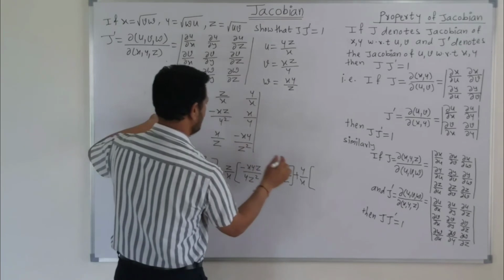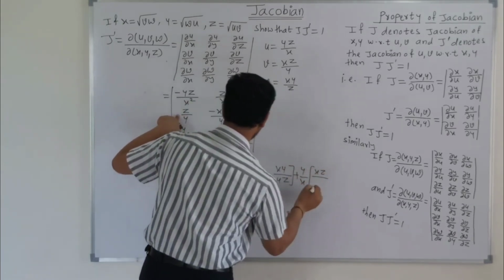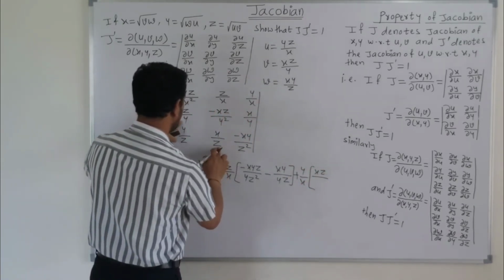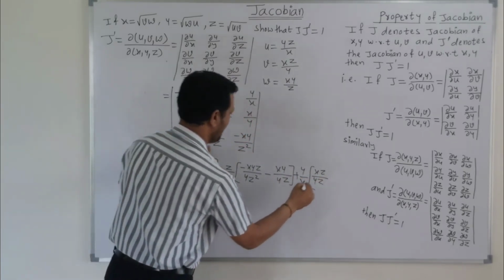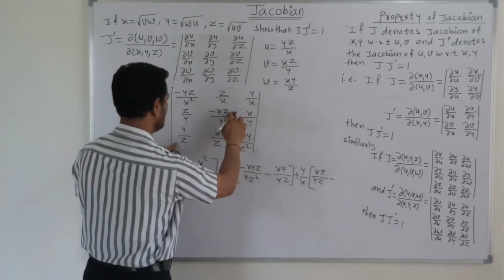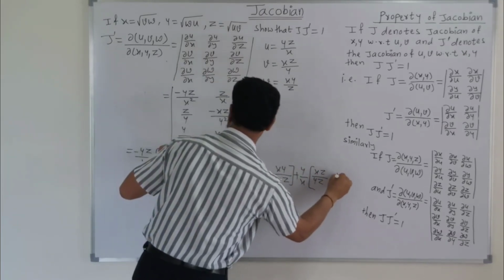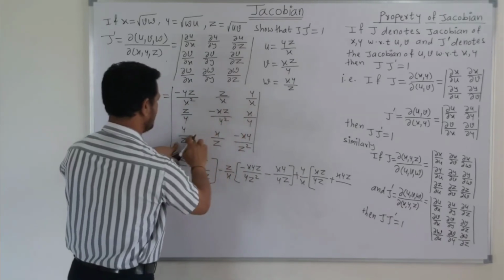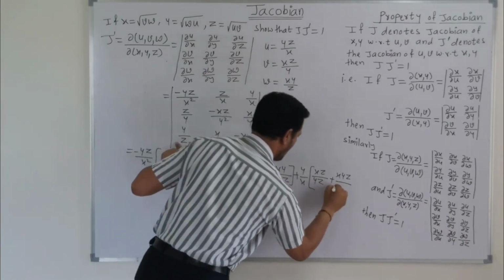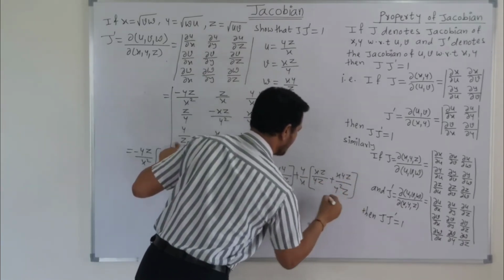Then the product of these two terms, xz divided by yz, so this is xz upon yz. Minus, the product of these two terms, minus minus is plus xyz divided by y square z.